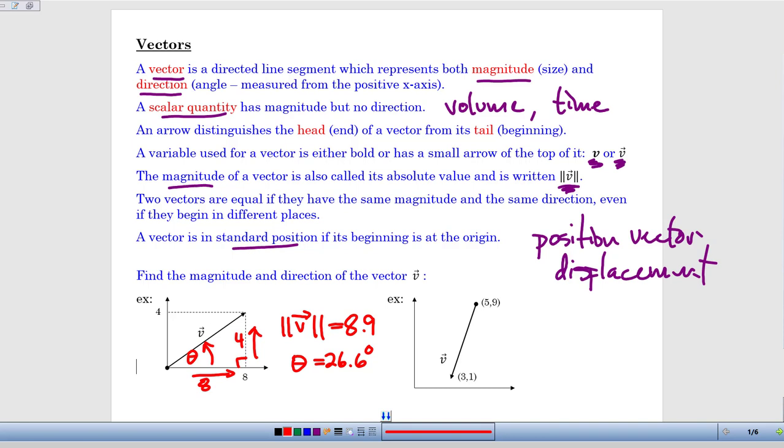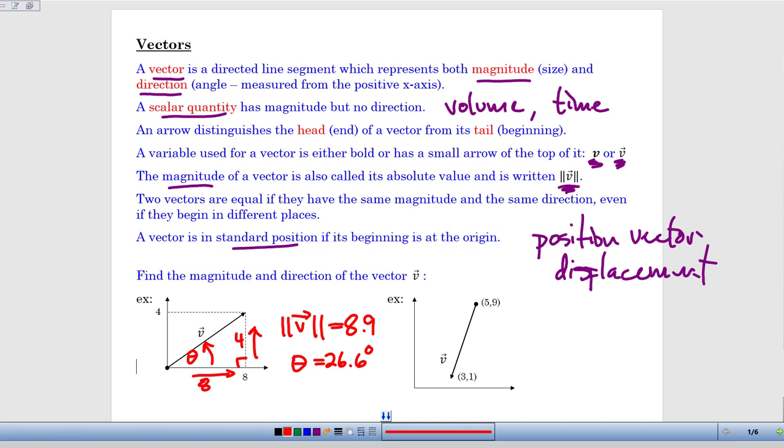What's a little bit trickier is if we have a displacement vector like we have on the next one. It's not really going to be any different in terms of how we approach the calculations, but we do need to recognize that measuring our angle is going to be a little bit trickier, especially since it's not pointing up into the first quadrant.